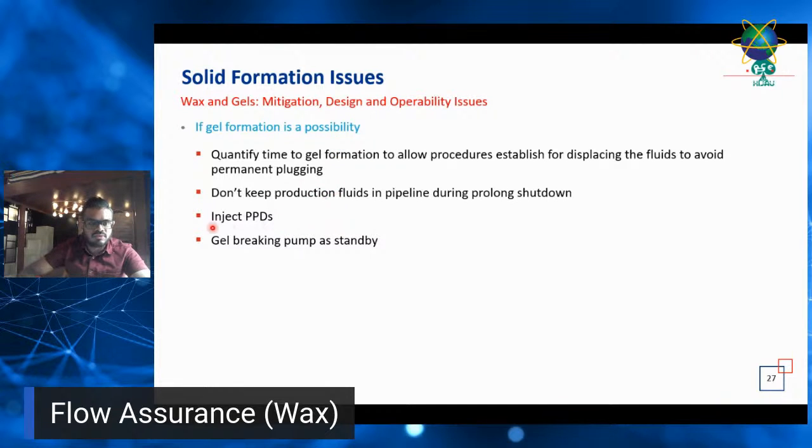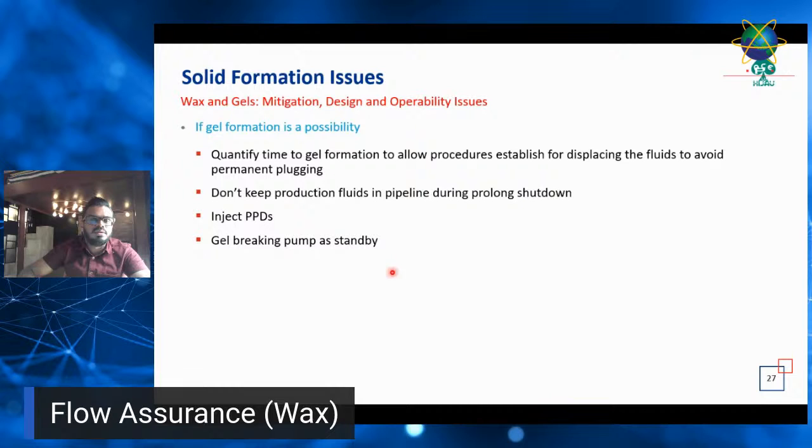Another way is we can inject a PPD, pour point depressant, to reduce the pour point of your crude. And we have a gel breaking pump on standby. If gel is formed, we can break the gel using a gel breaking pump.